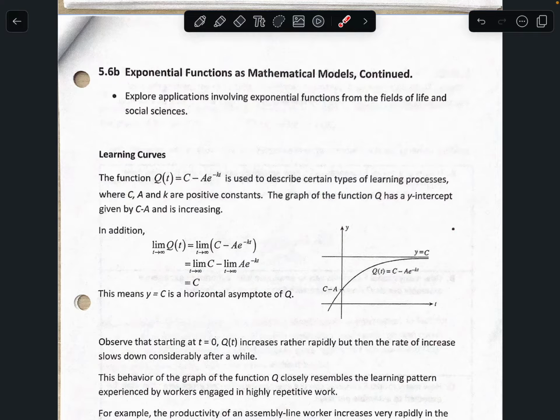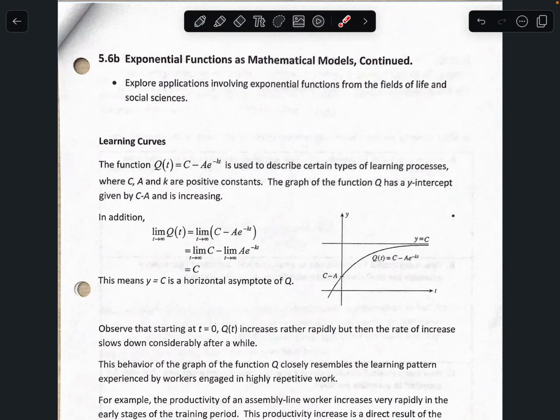So learning curves are just another application of exponential functions. A learning curve essentially is, when you're starting something new, you learn a lot and have a lot of progress, but at some point, when you're getting more and more experience and have less and less to learn, it starts to plateau.